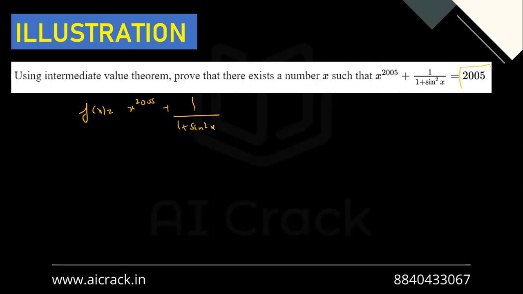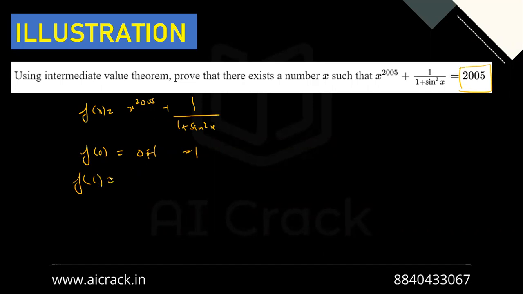Now it has to take the value 2005. So basically we have to find a range that contains 2005. One obvious approach is a point which is greater than 2005 and a point which is lesser than 2005. The lesser one is clearly f(0), which is nothing but 0 plus 1, that would be 1 only.